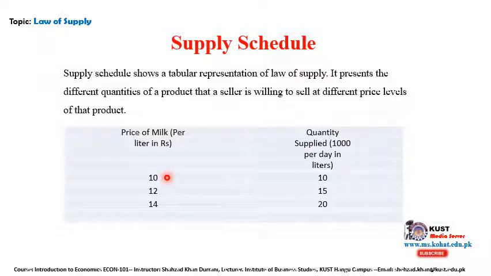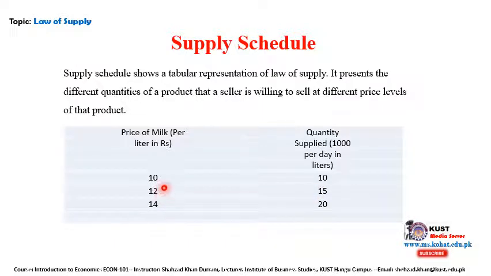So look at this. When the price was 10, he was offering 10, the quantity that he was supplying to the market. Then there was an increase in price, to 12. Now with the increase in price, the producer is offering more to the market, so he increased the supply.